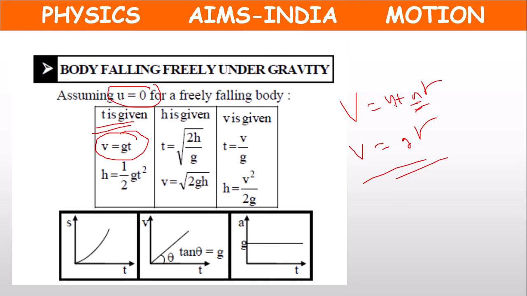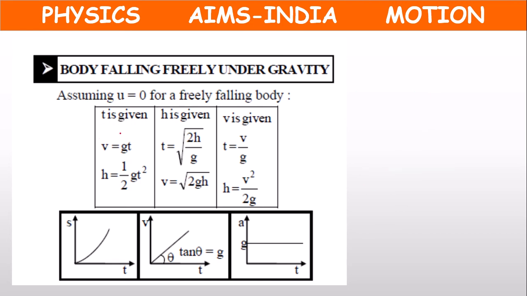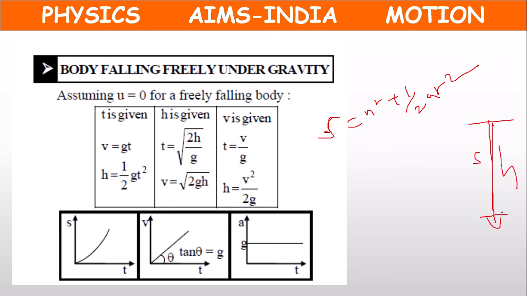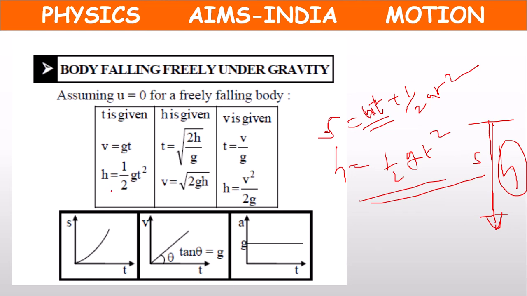Or we have another formula, s equal to ut plus half at square, where s is the displacement traveled, but it is a freely falling body, so we can take it as h, the height. So h equal to, u value becomes 0, so ut becomes 0, half a, in the place of a we keep g, half gt square. h equal to half gt square. So the formulas are v equal to gt, one formula, and h equal to half gt square, another formula.